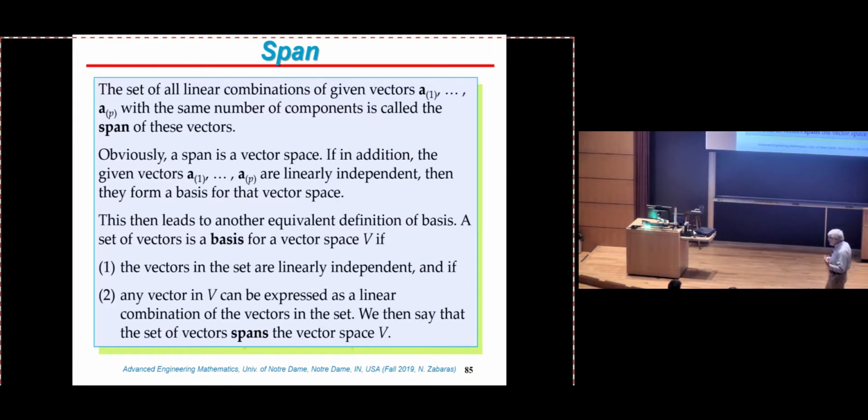So when you talk about linear algebra, I want you to always use this terminology. If you take a few vectors and you combine them, the vector space you produce is called the span of these vectors. It doesn't matter if they are dependent or independent. Now, if it happens that they are independent, then they form a basis of that span that they generated.